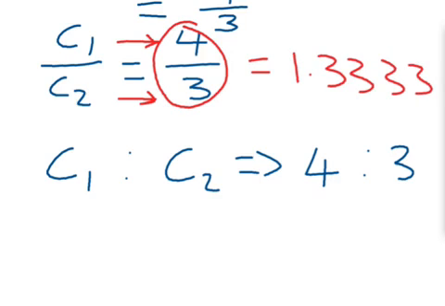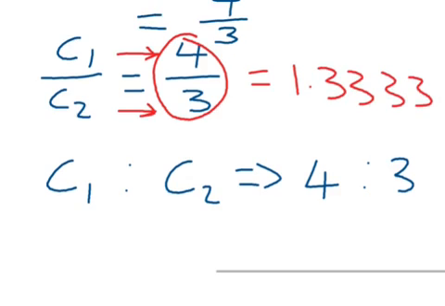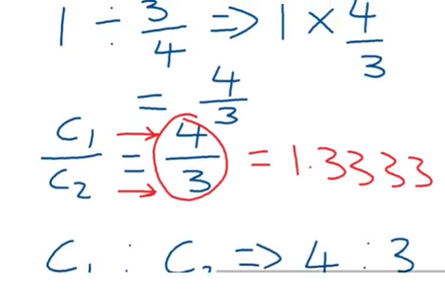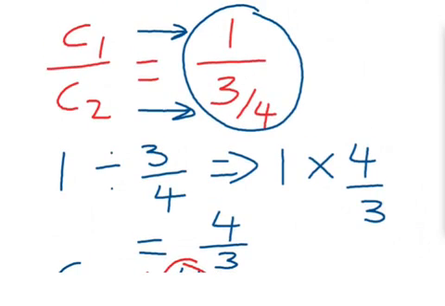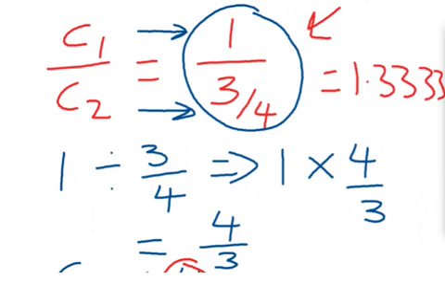And when you type this 1 over 3 over 4 with your calculator, you also have 1.3333 recurring.